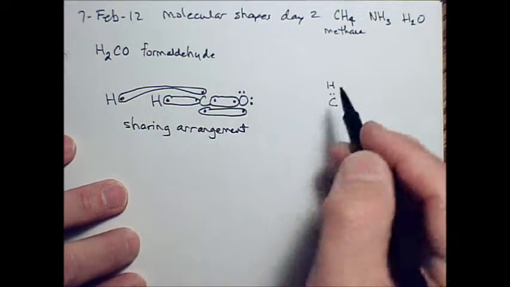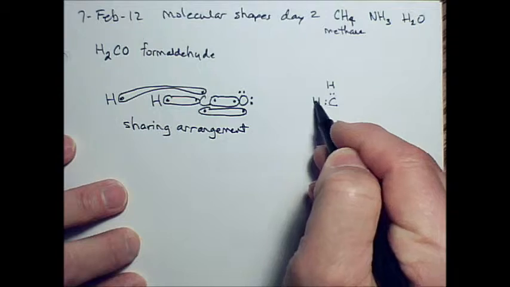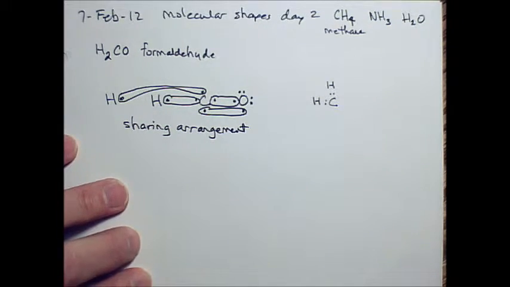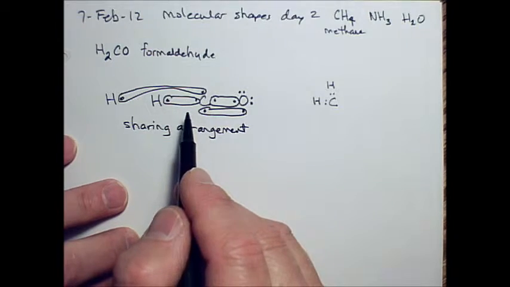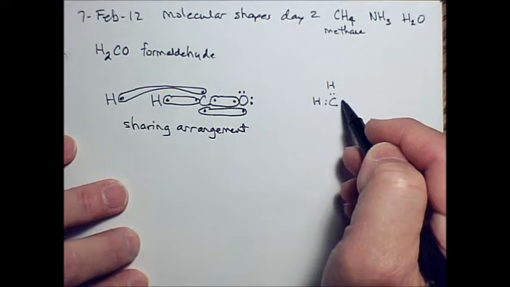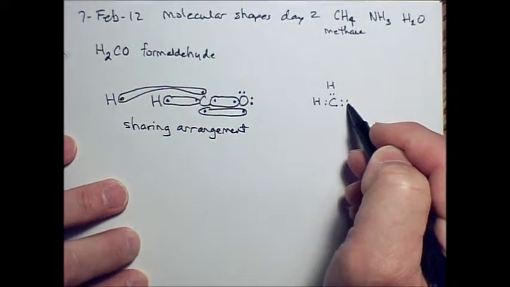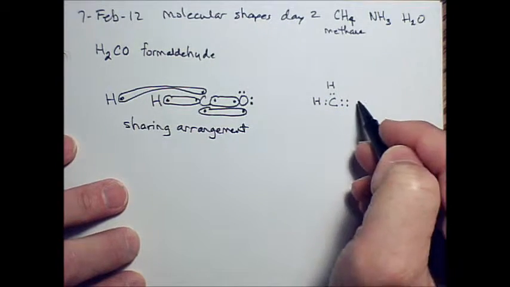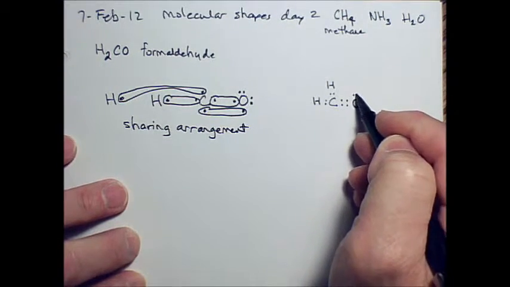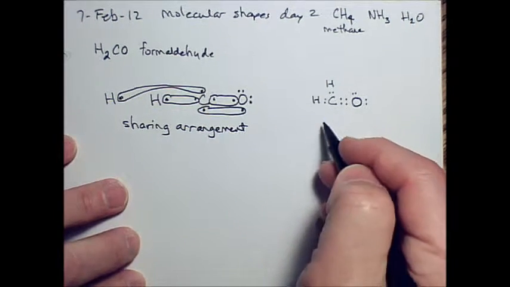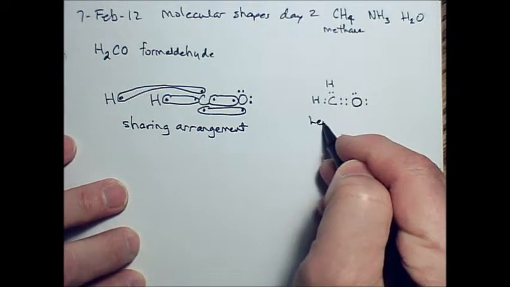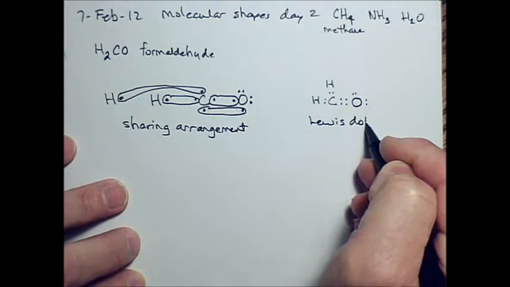So these two get squeezed over on this side. Between the carbon and the oxygen, there are 4 electrons. And what I showed you previously was when that happens, you squeeze them together in that sort of form. And that's going to give us then a Lewis dot formula.